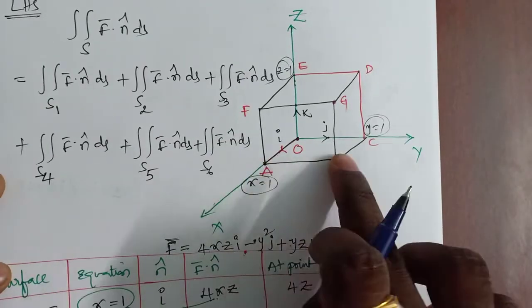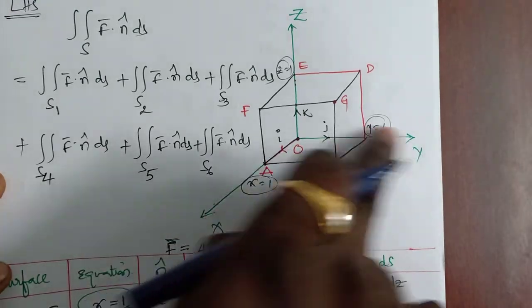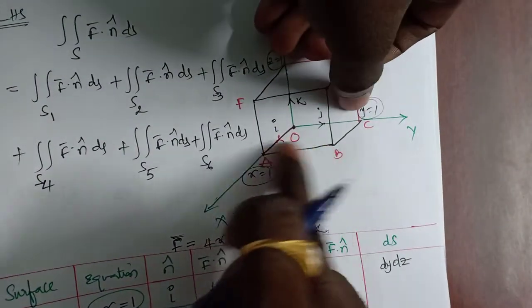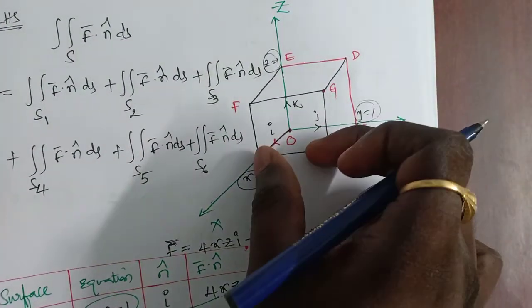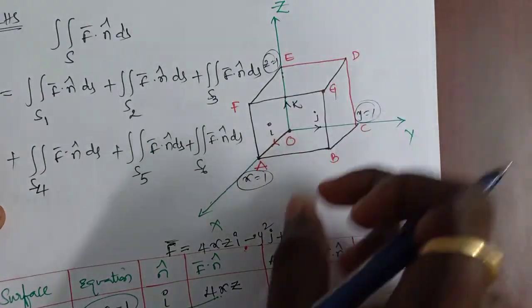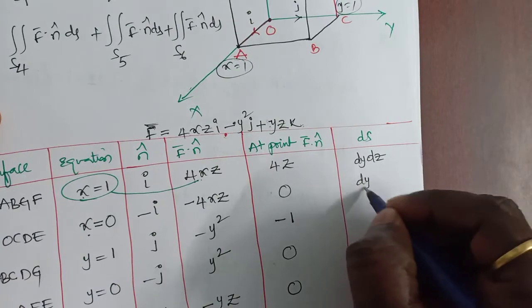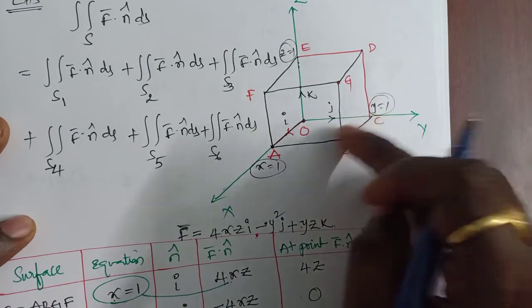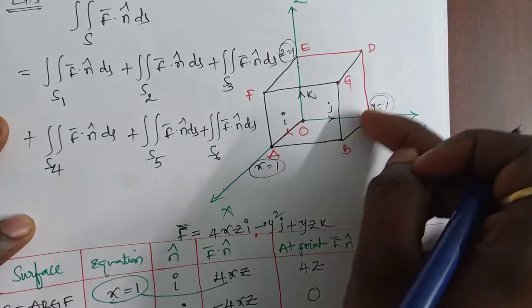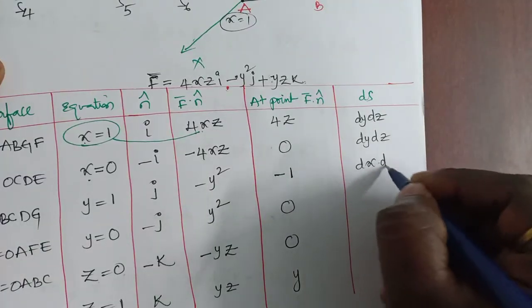Why? Because clearly AB is the direction along the y axis, so dy, and BG is dz. Coming to the back surface, it is also the same: along the y axis and the z axis, so it is dy and dz. Now coming to the right surface, it is the direction of the x axis and the z axis, so it is very clear that it is dx into dz.